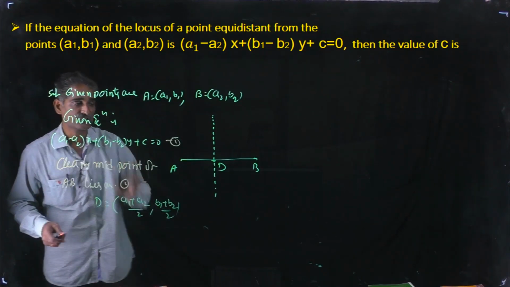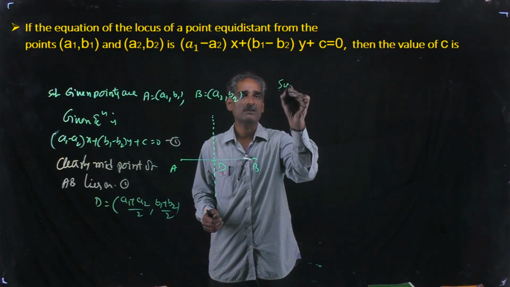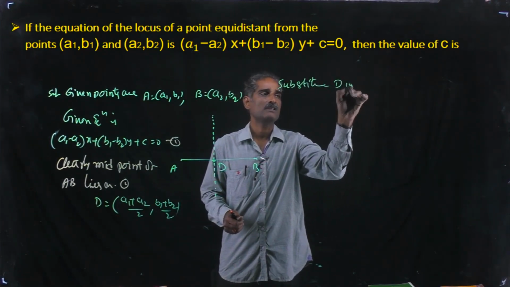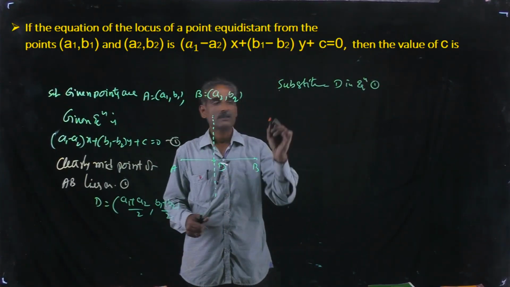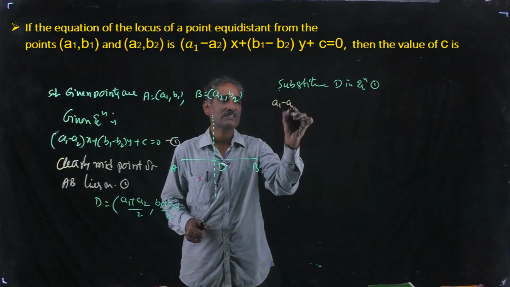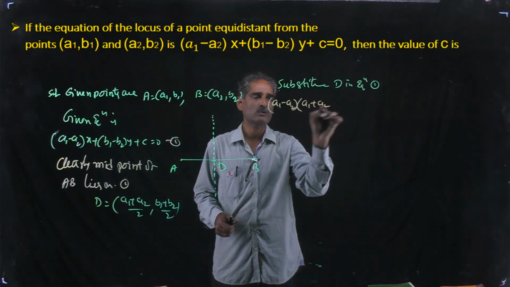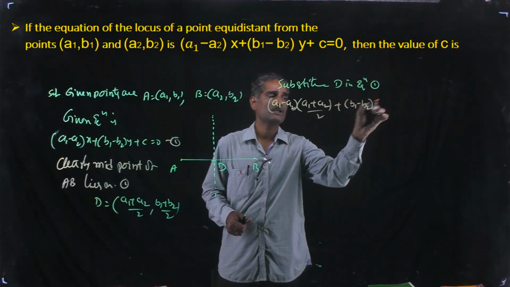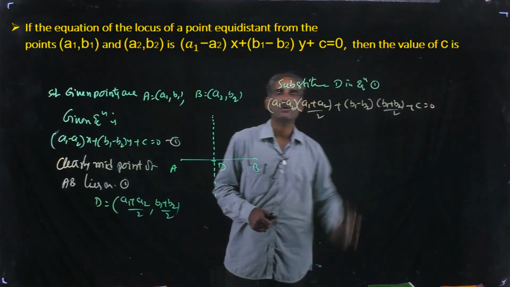Substitute D in equation 1. Then (a1 minus a2) into (a1 plus a2) by 2, plus (b1 minus b2) into (b1 plus b2) by 2, plus C equal to 0.